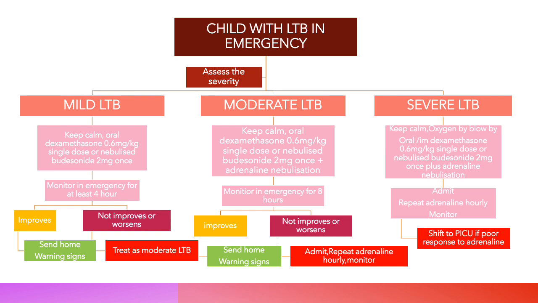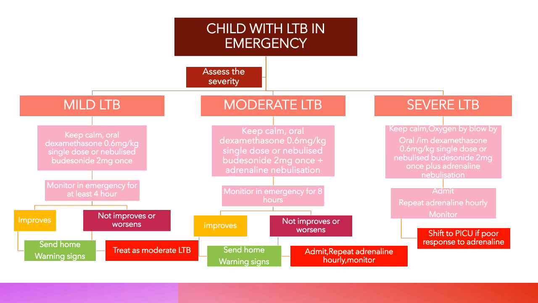Whenever a case of moderate laryngotracheobronchitis presents in emergency, again you have to keep the child calm, give a single dose of oral dexamethasone or a single nebulization of budesonide, and adrenaline nebulization. After giving a single dose of steroid and adrenaline nebulization, you should monitor a case of moderate croup in emergency for at least 8 hours.